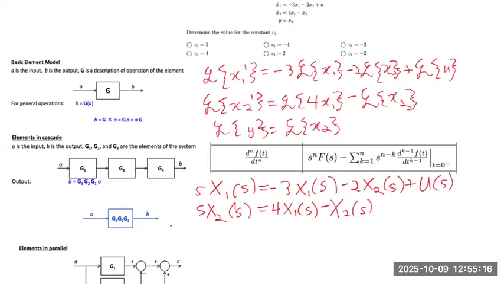Okay, and then the last one is going to be y(s), and this is equal to x2(s).